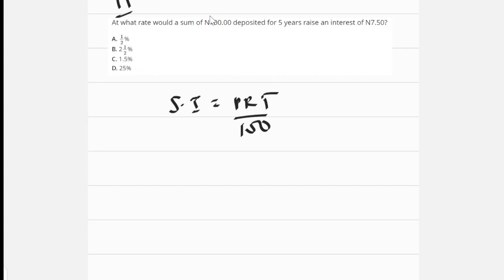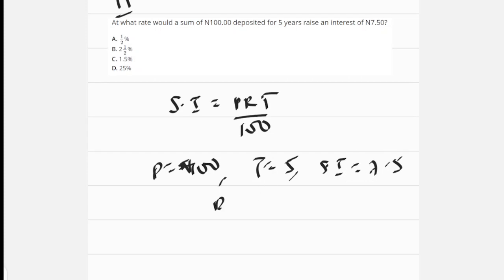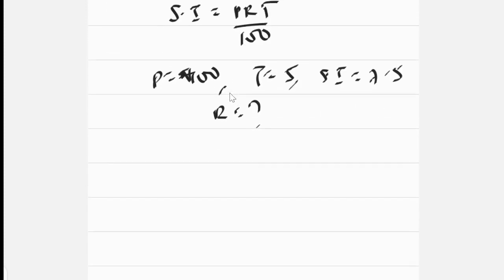So if I were you, I will first of all write the value of each parameter. This 100 is your P, that is the principal, 100 naira. Your T is 5, and your SI, that is the interest, is 7.5 naira. Then we are asked to find the rate. Our R is unknown. So why not substitute directly?